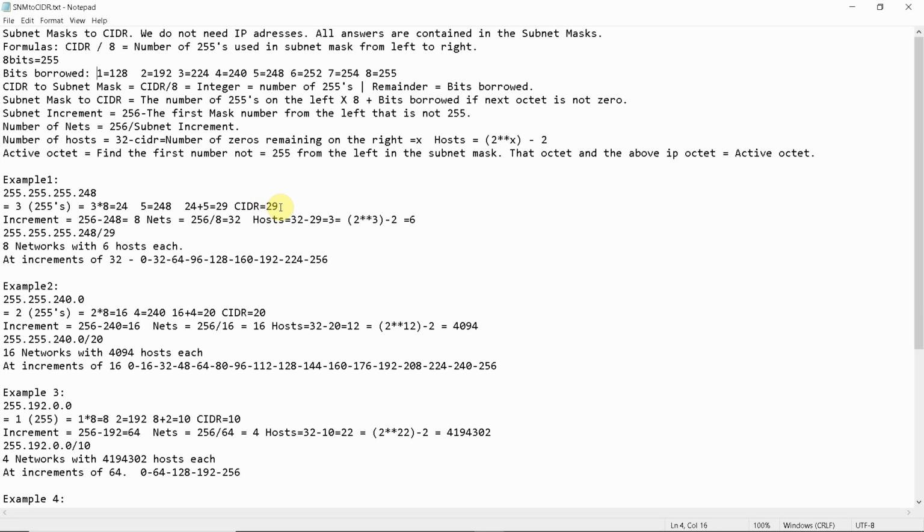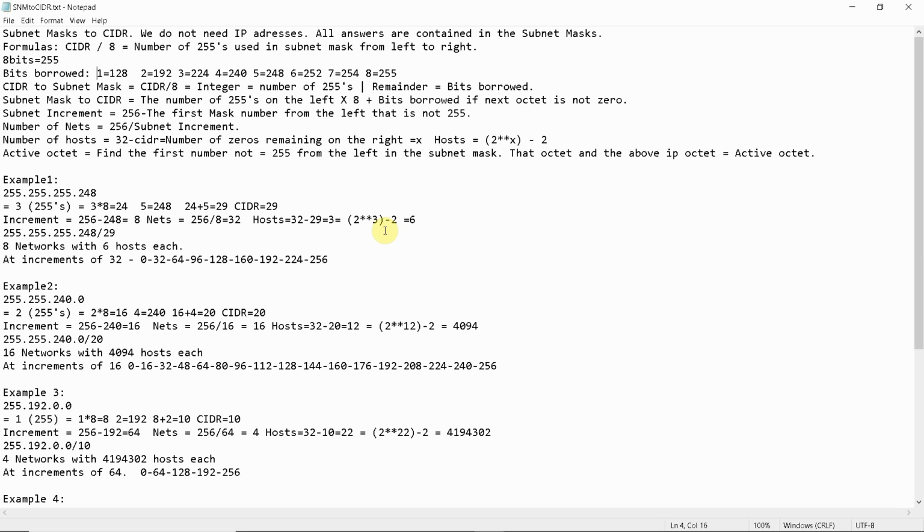So CIDR equals 29. The only reason you really need the CIDR is that you can find the host so quickly. That is 32 minus 29 equals 3, which means 3 zeros left over. That's your host.